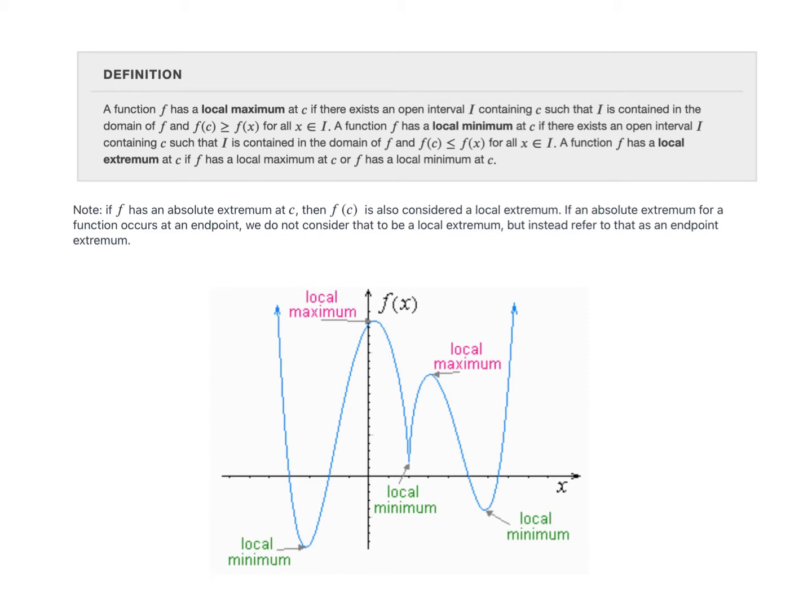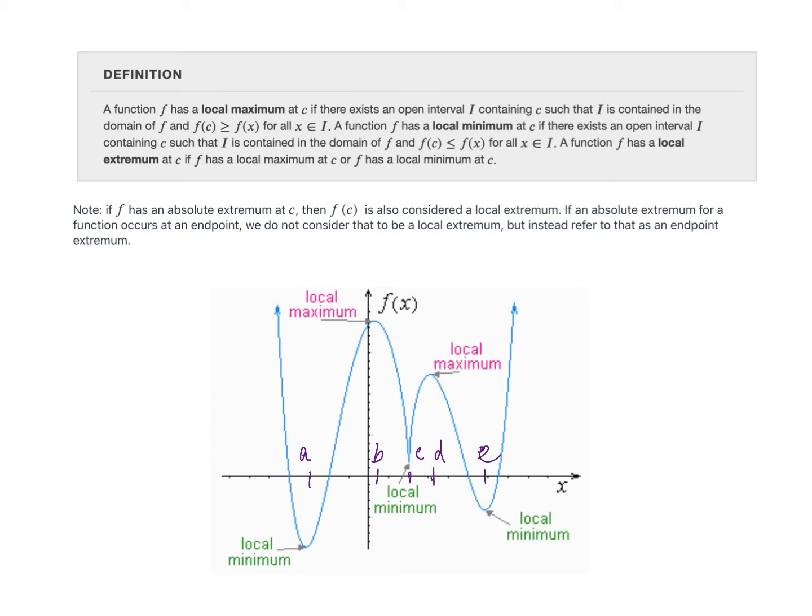This point right here is going to be A. This point right here is going to be B. This point right here is going to be C. And this point right here is going to be D. And then this point right here is going to be E. So I'm going to talk about each of those points.